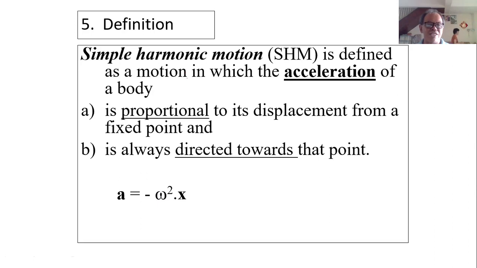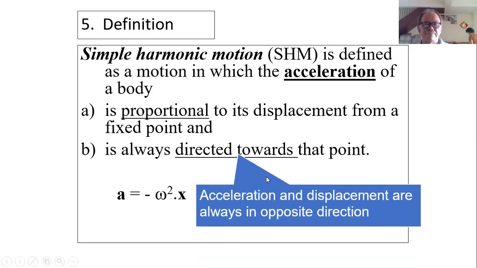That's why, instead of calling it K or C, we call it omega squared. So we can either say always directed towards the point, or we can say acceleration and displacement are always in opposite directions. That means they are always opposing each other. Anything that you want to ask?